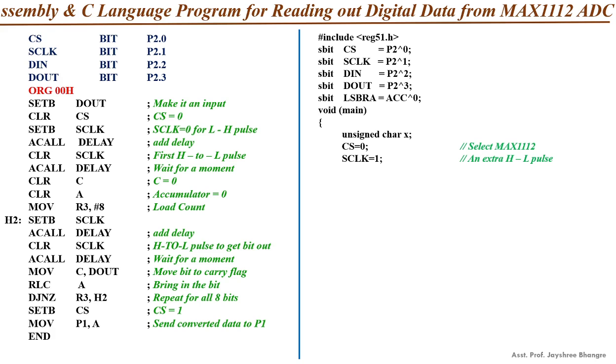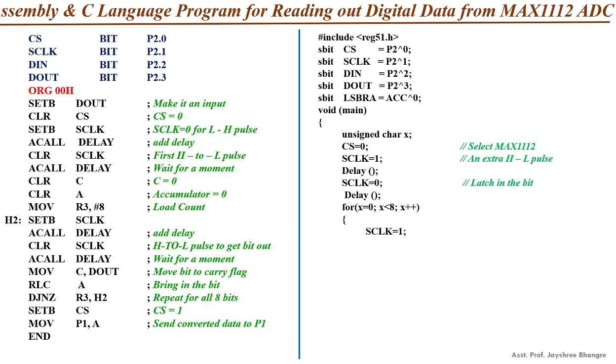this ADC chip. We are making SCLK equal to 1, wait for a moment and again make it 0. That means we are sending a high to low pulse to the ADC chip. Now here we have to read the data out of the ADC chip. So we are using a for loop.